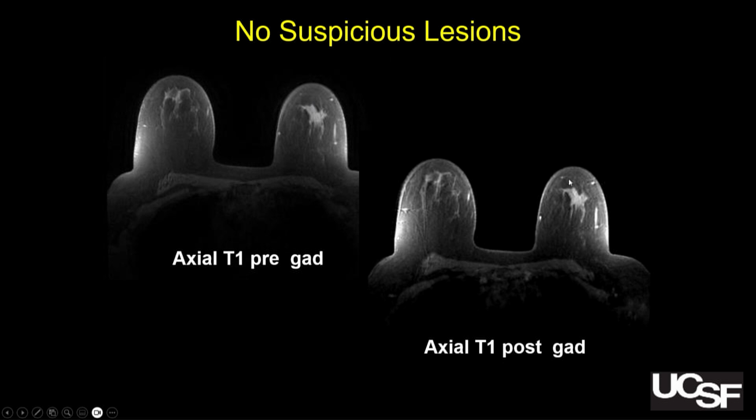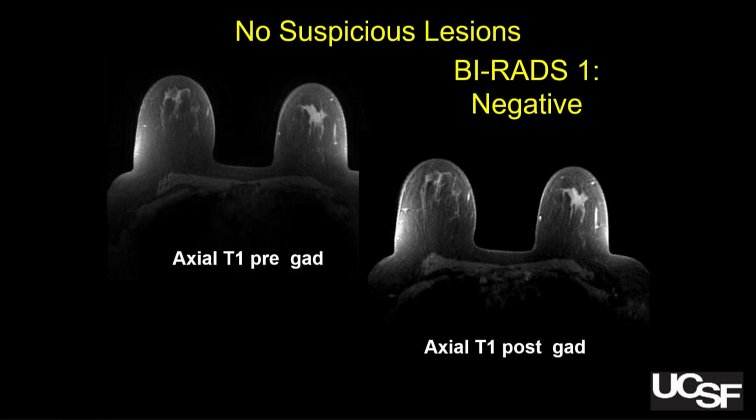And this is fat and fibroglandular tissue. But if the muscle is shifting in configuration, here it's more flat, and here it was a little thicker and pooching more, that's going to make the whole breast shift forward. So that's why you had that pseudo-enhancement or misregistration.